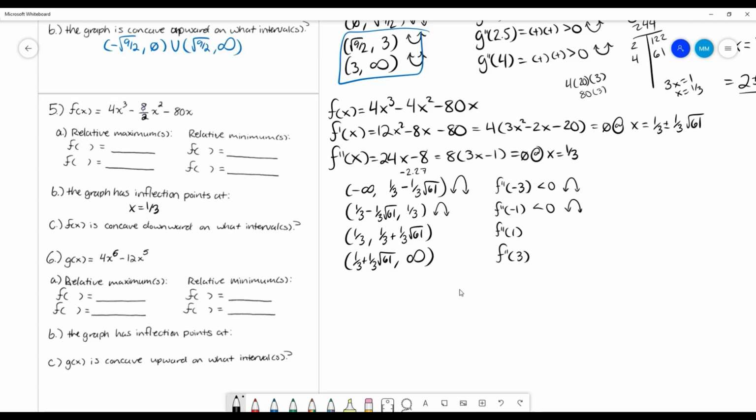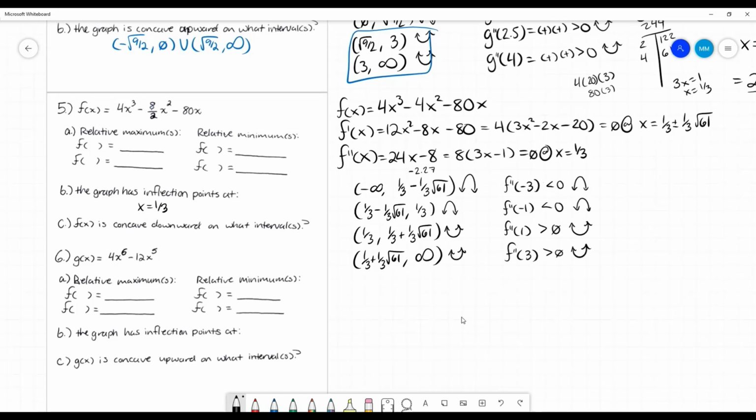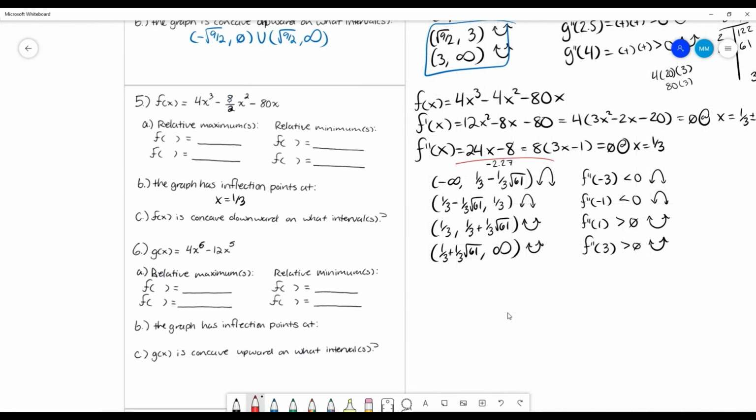Plug in a 1, I get 3 minus 1, which is 2, which is greater than 0. And plug in a 3, I get 9 minus 1, which is 8, which is greater than 0. So it's concave up. And so it's concave downward on this interval here.